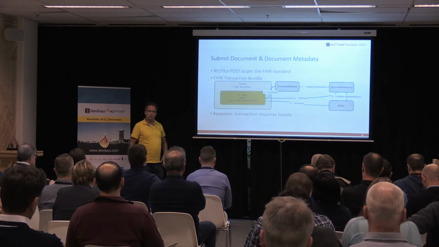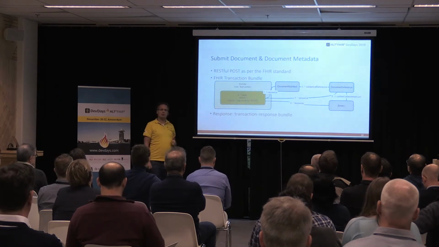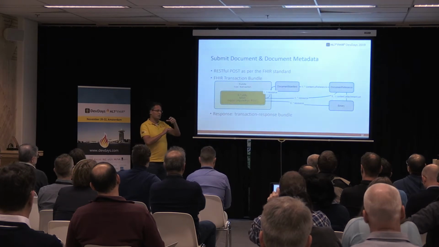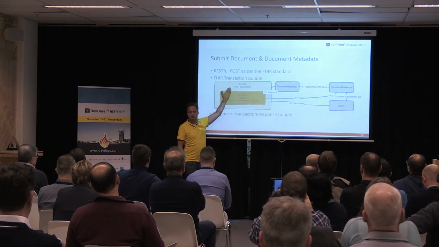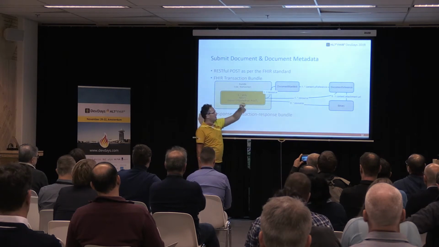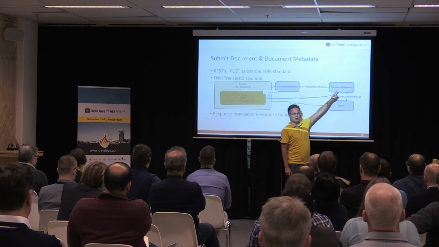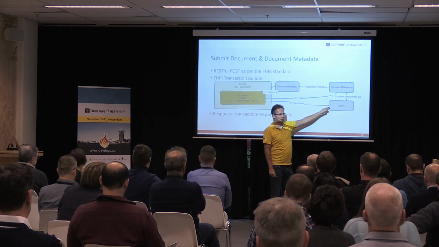So how does it look from a FHIR perspective? Well, if you're going to submit a document and metadata, because it's always the tuple of the two, to an XDS environment, then it's going to be a bundle. Well, this is a FHIR conference, you know about bundles. So we have a bundle with multiple entries, and the entries in this case are mainly document reference, the metadata, and a binary resource that actually holds the document, the blob.